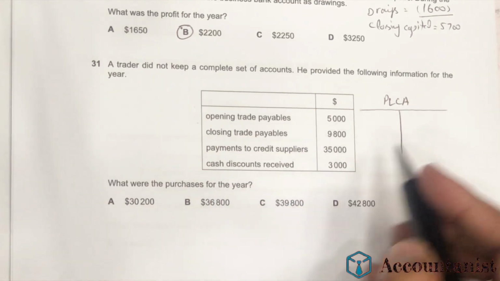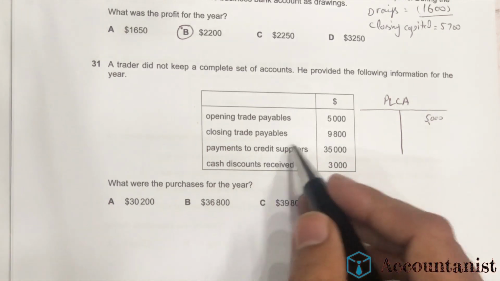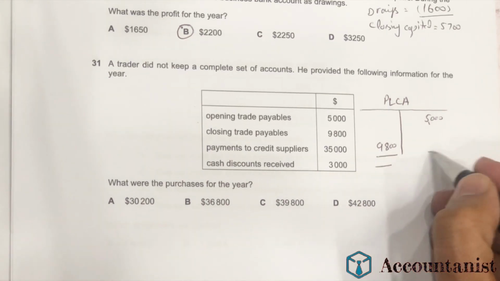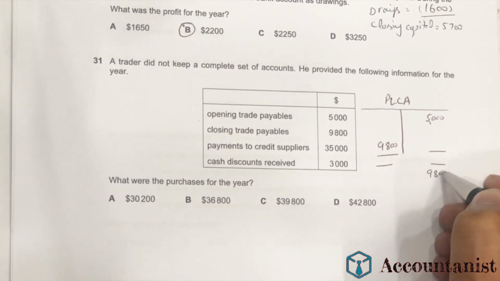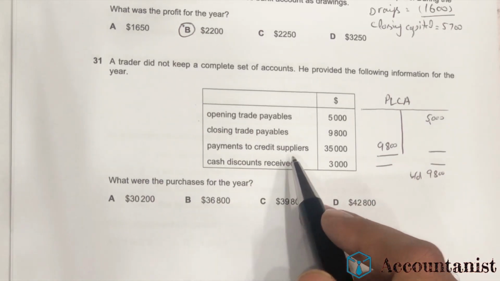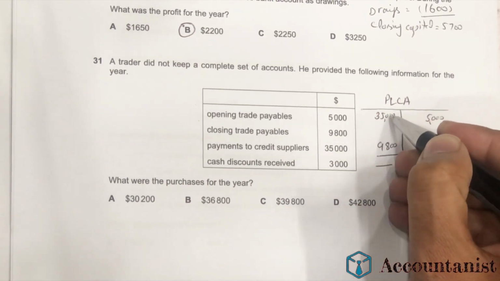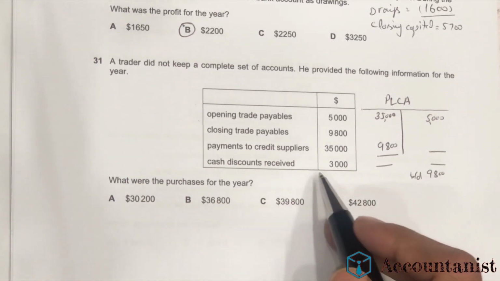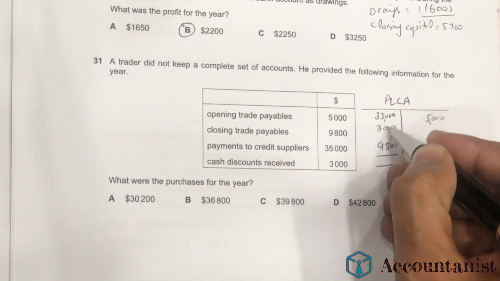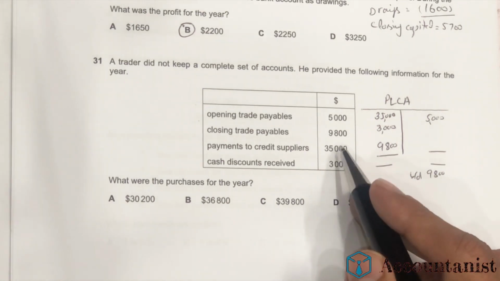We have opening trade payables, which goes on the credit side because it's our liability, 5,000, and we have closing trade payables, which comes as balance c/d, and then balance b/d 9,800. The payment to the credit suppliers will come up here on the debit side, 35,000, with the bank. The cash discount received again will come up on the debit side because it's going to reduce our liabilities. So that's all the transactions that we have recorded here.